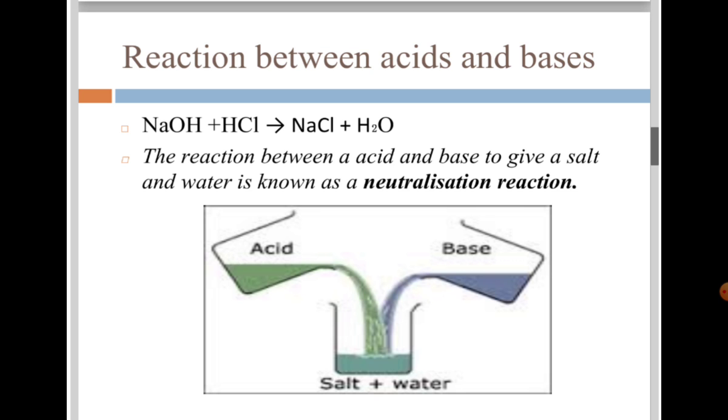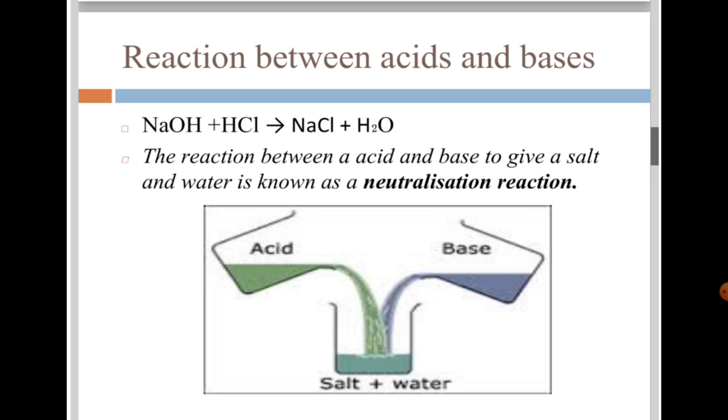HCl means hydrogen chloride. Next, NaCl means sodium chloride. H2O means hydrogen plus oxygen.